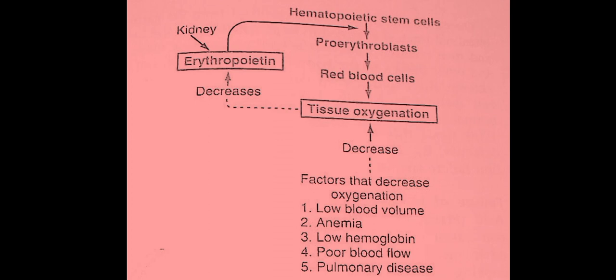Everything is normal, but you have some kind of lung disease which can affect the gaseous exchange between the blood and the environment. That's why very little oxygen is entering the blood, and therefore your blood is not capable of giving the proper amount of oxygen to the tissues. So all these are conditions that result in less tissue oxygenation.